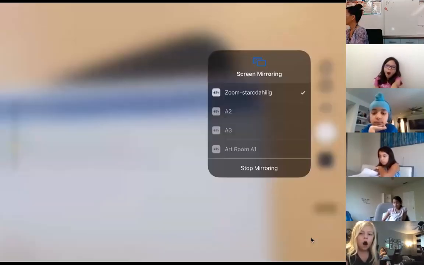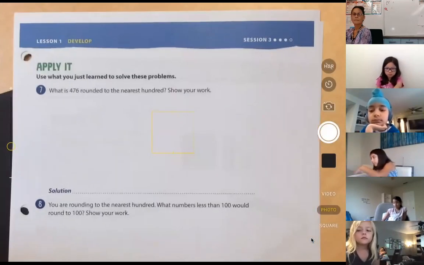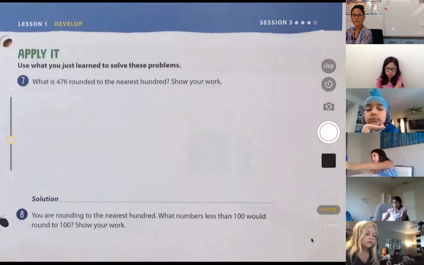Page 18. So I'm going to reshare my screen so you can see it a little bit better. And this is what we're looking at right now.